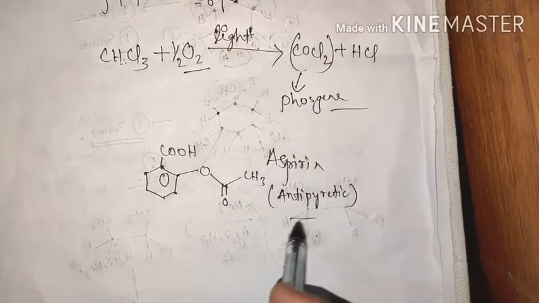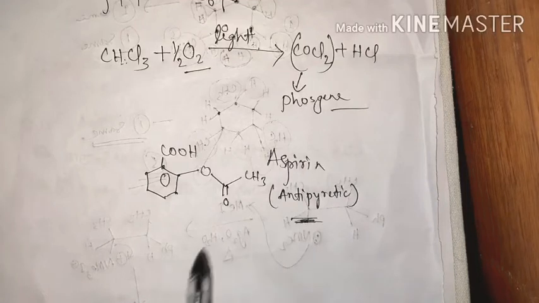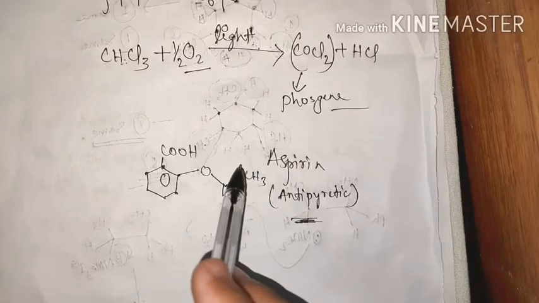If your body temperature is increased, then this antipyretic drug will reduce that. It will help in reducing the temperature of your body. So this is the structure of aspirin, which is an antipyretic drug.